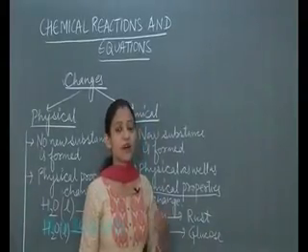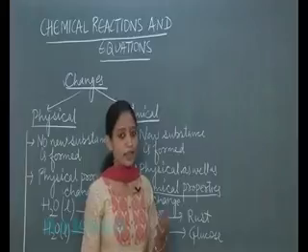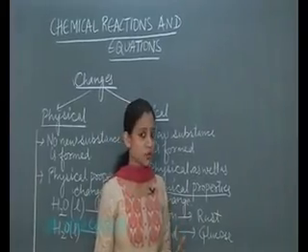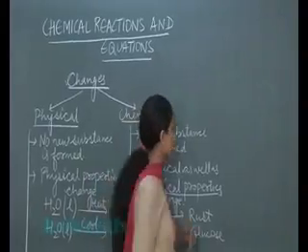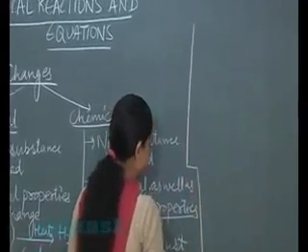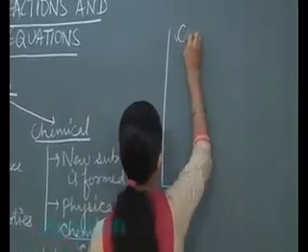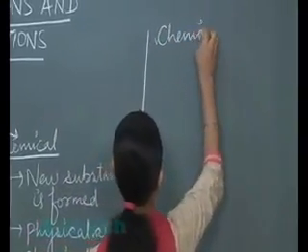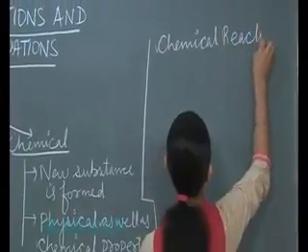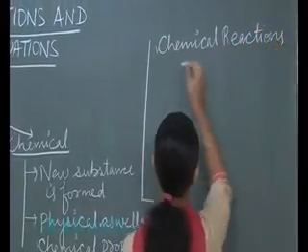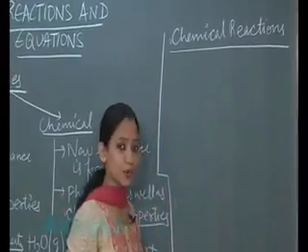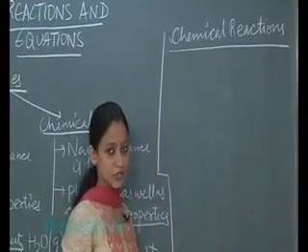Now students, how does a chemical change occur? A chemical change occurs because of chemical reactions. So let us know what chemical reactions are. Students, these are simply the processes involving chemical change.